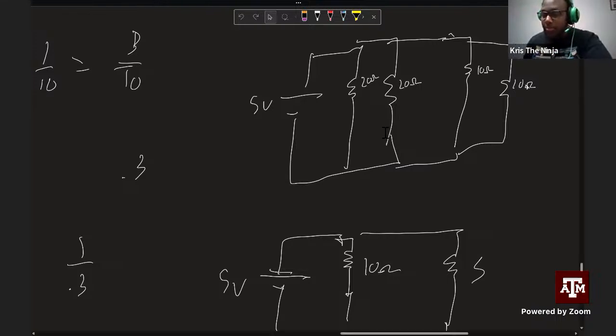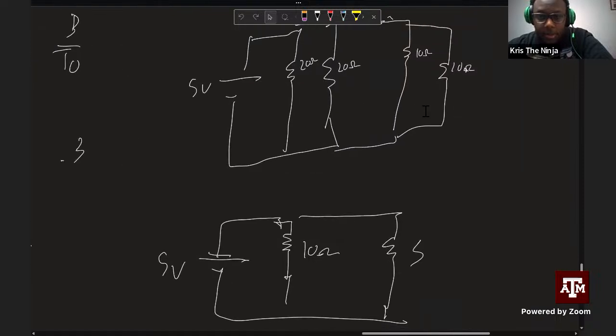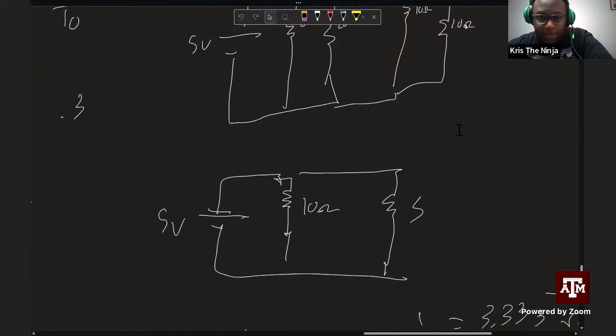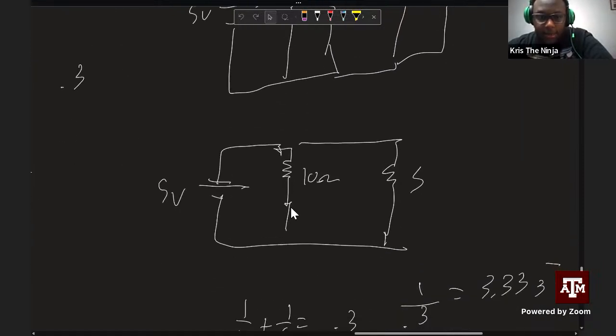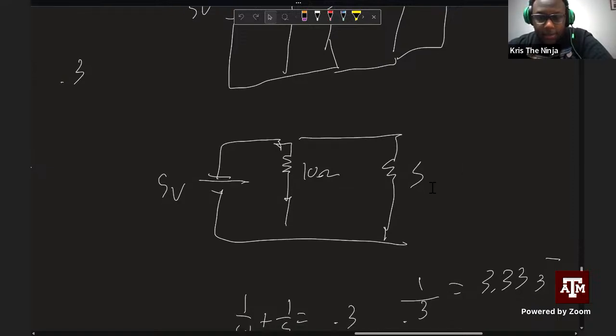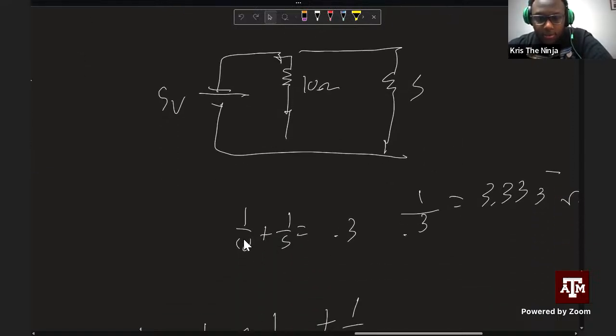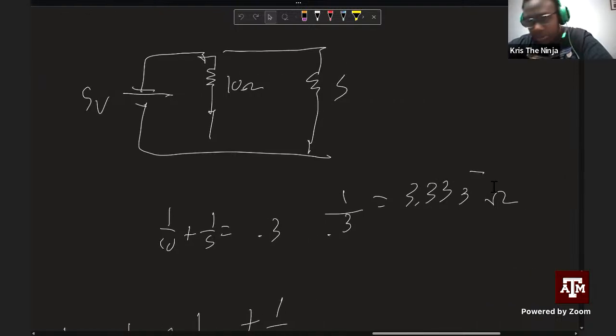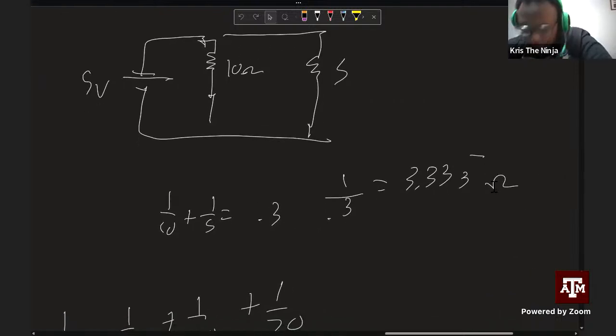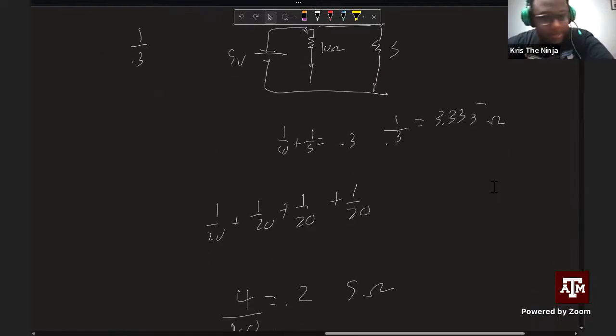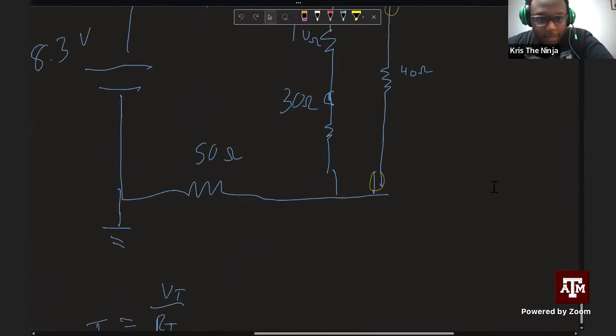The reason I was able to break this down even further is because you have a 10, a 20 and 20 that breaks down to 10 ohms of resistance, and the 10 and 10 break down to 5 ohms of resistance. Then I end up just having a 10 and a 5, and then I just do 1/10 plus 1/5, that gives you 0.3, and that gives you 3.3 ohms. That's an easy way to explain that.